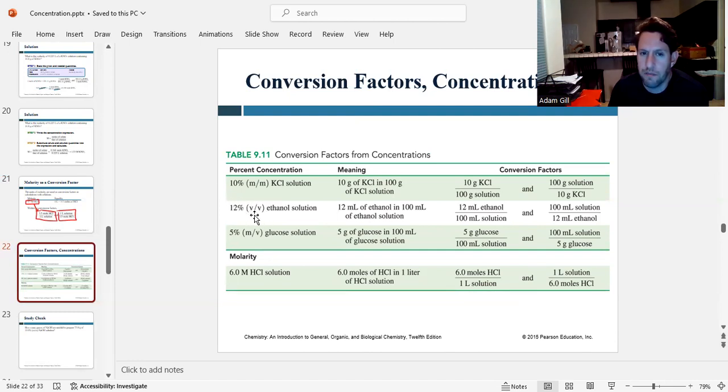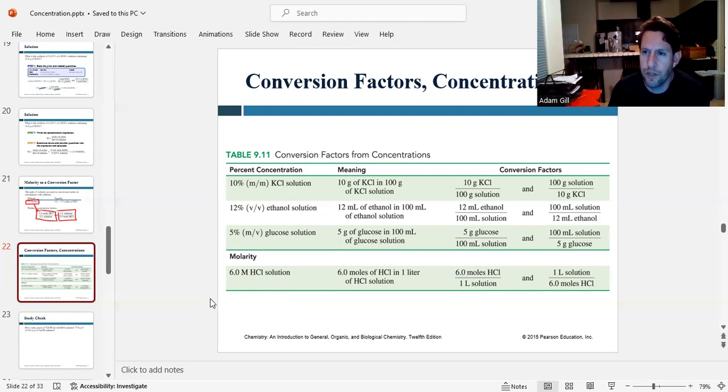So 12% V over V solution means 12 milliliters per 100 milliliters of solution. And if you see M over V, that's mass to volume, which is grams to milliliters. So a 5% M over V solution is 5 grams per 100 milliliters. And if you see the capital M, that stands for molarity. And so 6.0 M HCl means 6.0 moles of HCl for every liter of solution.